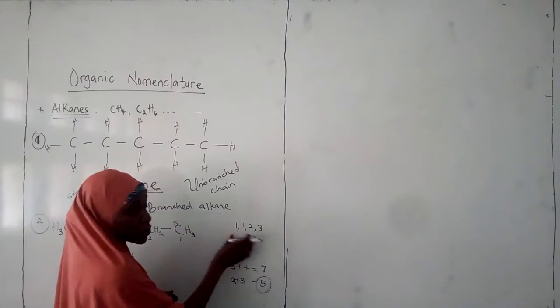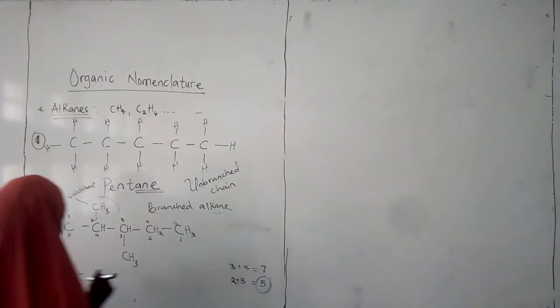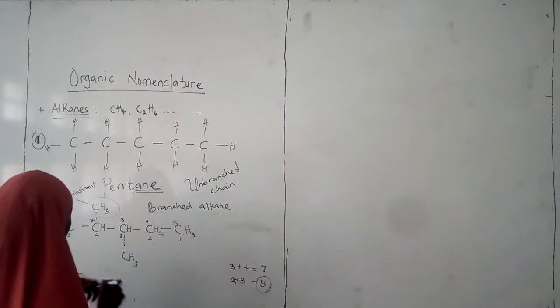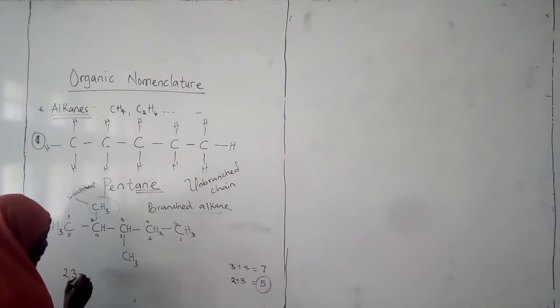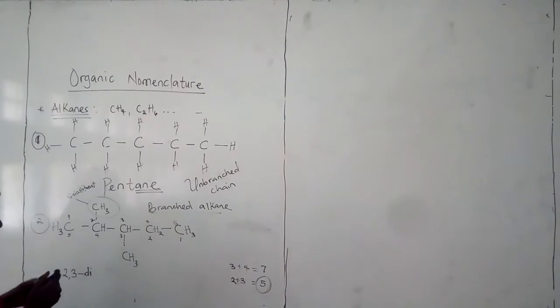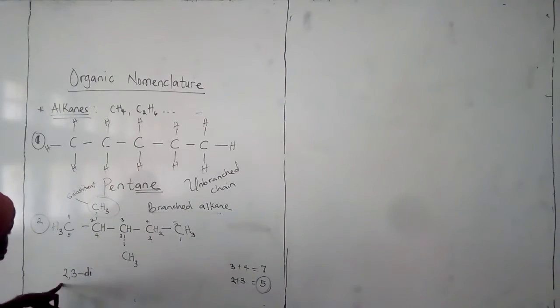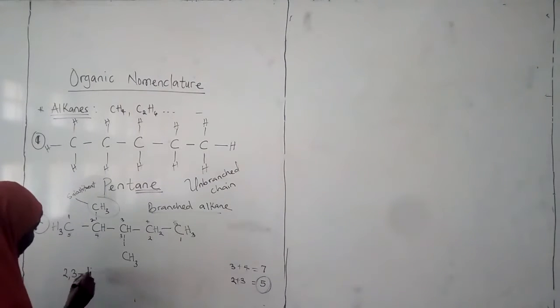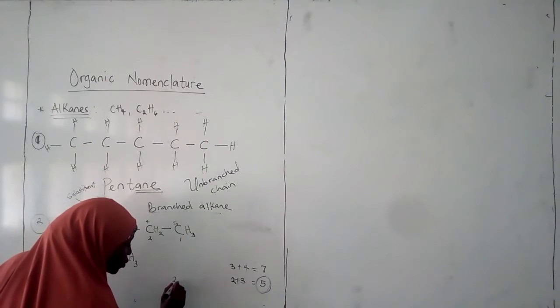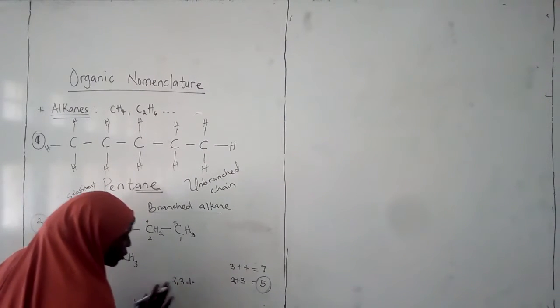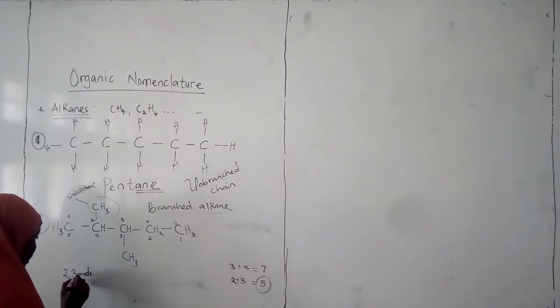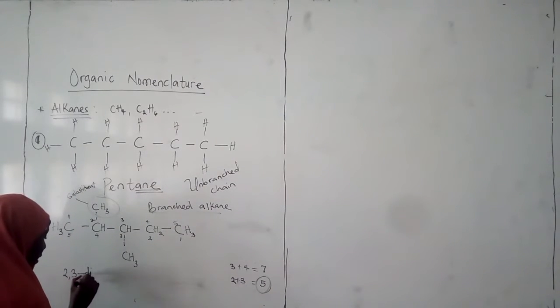You always put a comma in between the numbers. Now since we have 2 methyls, we are going to use the prefix di. We have 2, 3, then a dash. Not 2, 3 dimethyl, no, this is wrong. We have 2, 3, then dash, dimethyl.